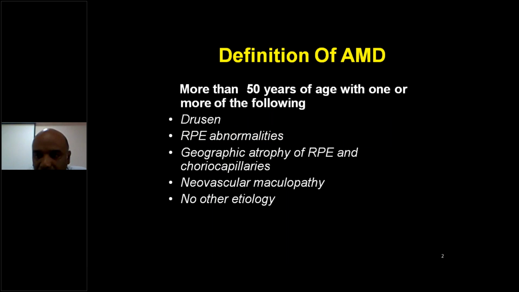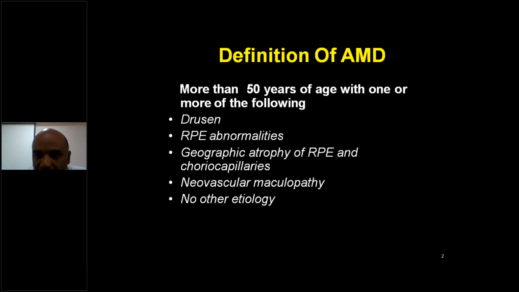the basic definition of AMD. It is seen commonly in the age group more than 50 years of age with one or more of the following. What are those clinical features or clinical signs which decide that the patient is having AMD? One, drusen. Second, RPE abnormalities, meaning retinal pigment abnormalities.